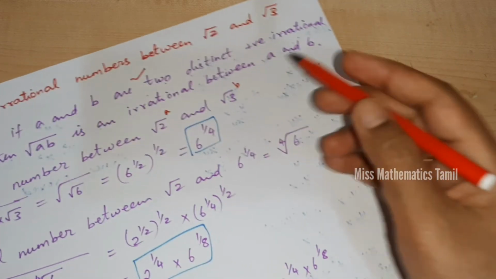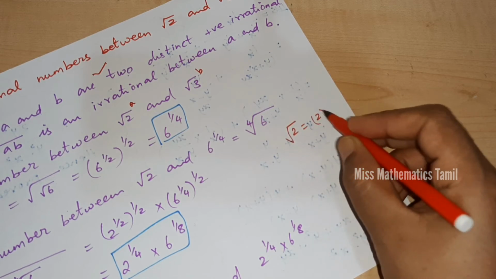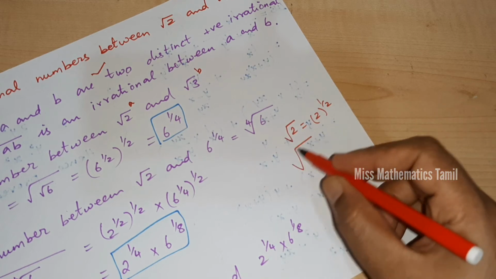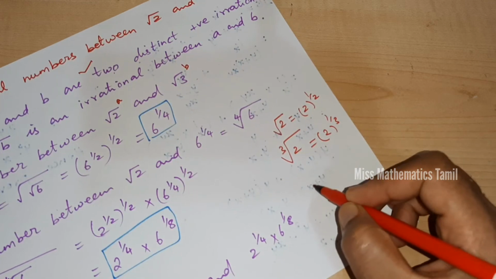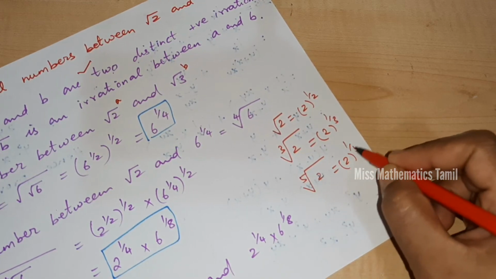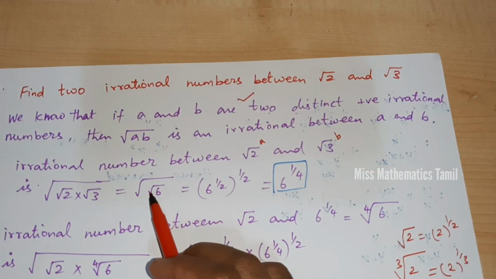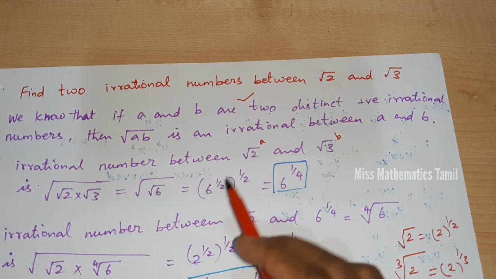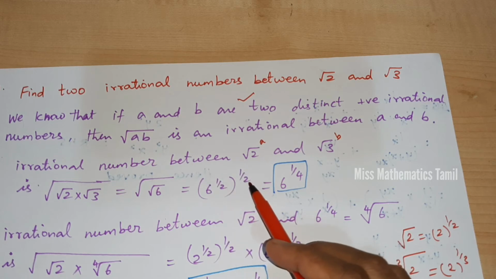Basic things: root 2 means we can write 2 to the power of 1 by 2. Cube root of 2 means 2 to the power of 1 by 3. Fifth root of 2 means 2 to the power of 1 by 5. We are using it like this. In this root, I am using 1 by 2. Again, one more root is there, so for that root, I am using 1 by 2 here.